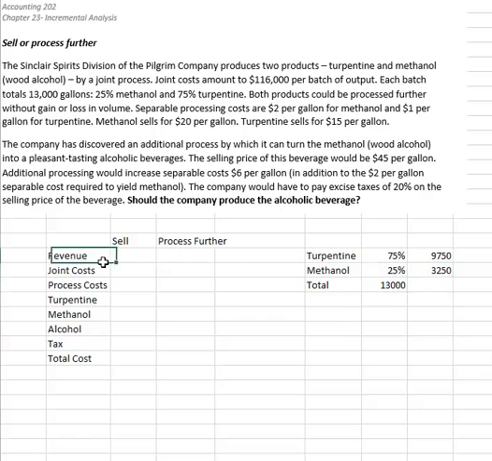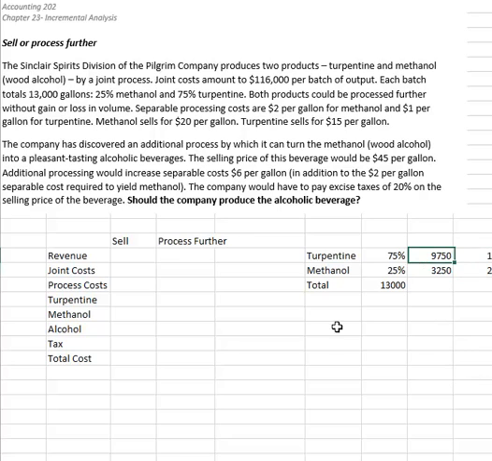So I'm first going to look at my revenues and determine which is greater, whether I sell it as is or process it further. If I sell the products as they are, methanol of 3,250 gallons and turpentine of 9,750, we're told in the problem methanol sells for $20 a gallon and turpentine sells for $15 a gallon.